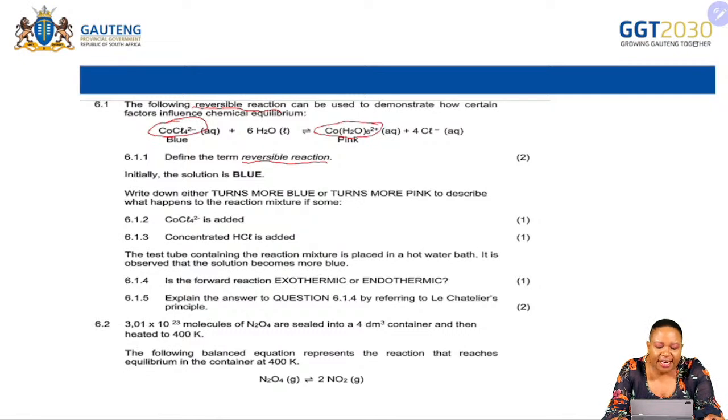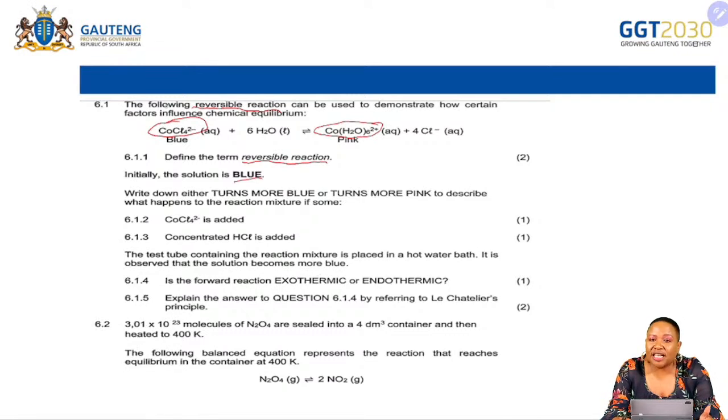Initially, the solution is blue. Immediately when they say the solution is blue in color, you can think about which side is favored. You can see that the reverse side is blue and the forward side is pink.